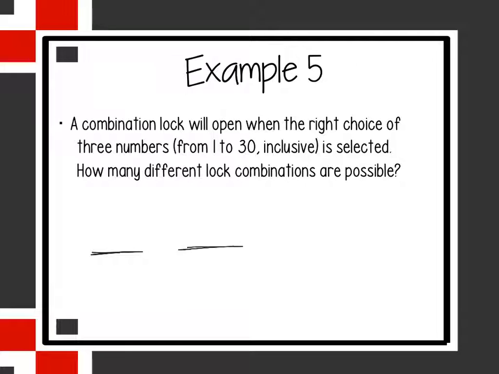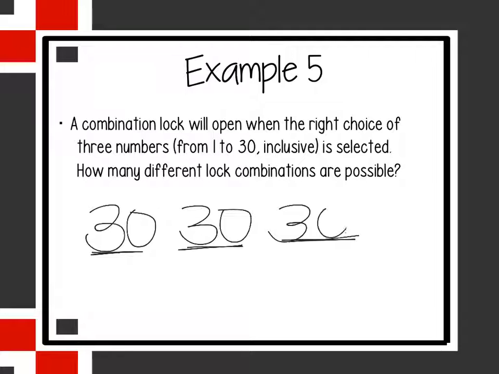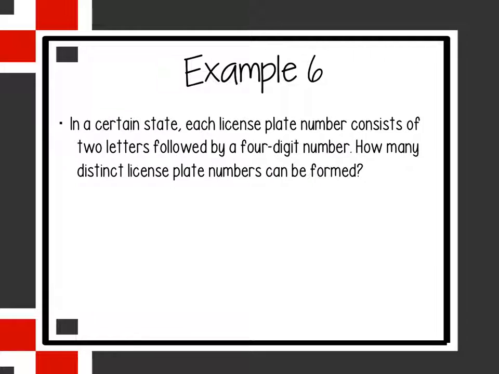I've got my first number, my second number, my third number. How many options are there for the first number? 30. How many options for the second number? How many options for the last number? If something said numbers couldn't repeat, then it would change, okay? But you're pulling from the same set of 30 numbers every time. So this would be 27,000 combinations.